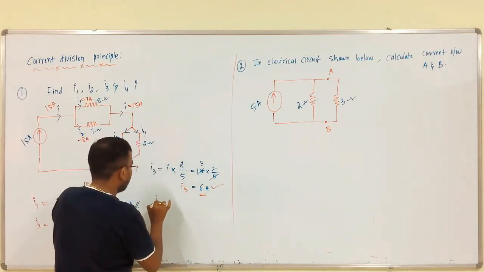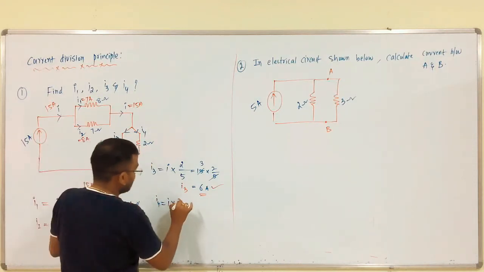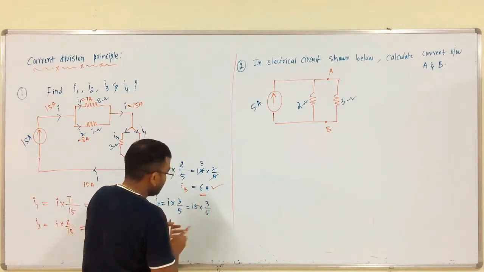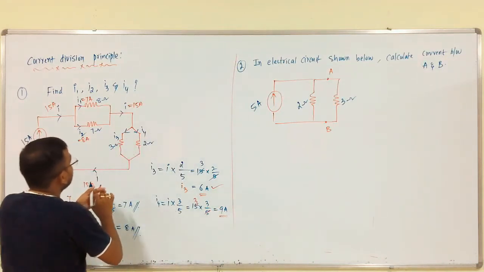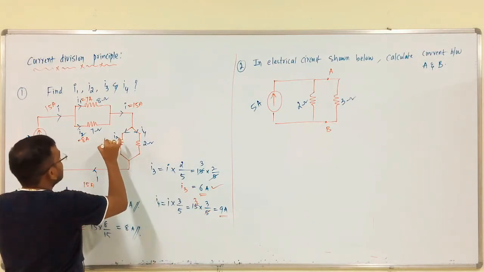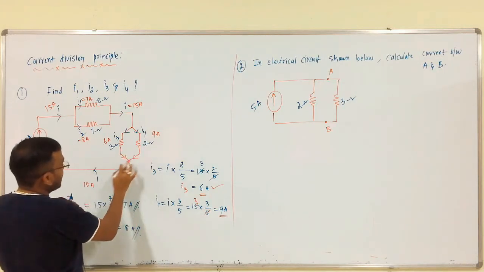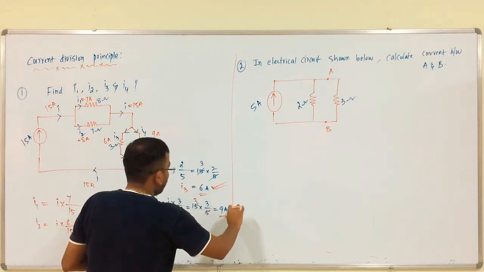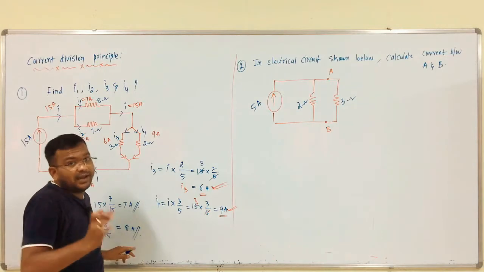Next, I4 is I into the opposite branch resistance 3 by 5, which equals 15 into 3 by 5, which equals 9 amps. I4 equals 9. So, I3 equals 6 and I4 equals 9; 6 plus 9 is 15, KCL satisfied. So, I3 is 6, I4 is 9, I1 is 7, I2 is 8 amps. Like this, you have to calculate.